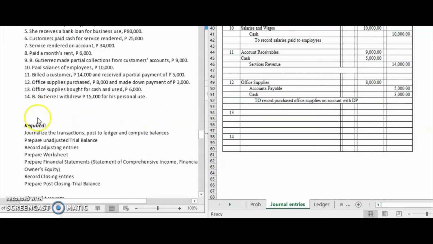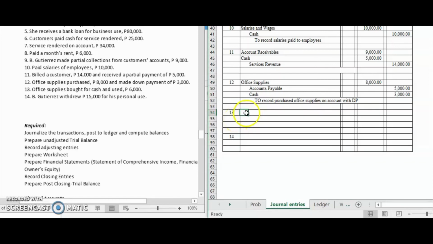We have last two. Office supplies bought for cash and used 6,000. So here, okay, so you buy an office supplies at nagamit mo na rin siya. So in this case, you have bought office supplies but you did not record it nung binili mo siya.